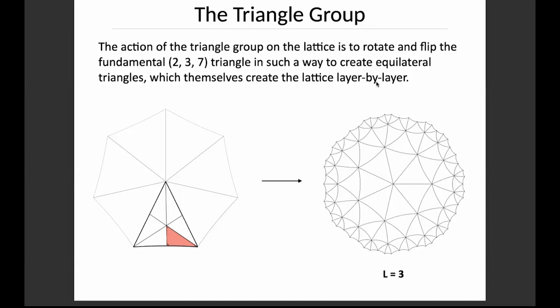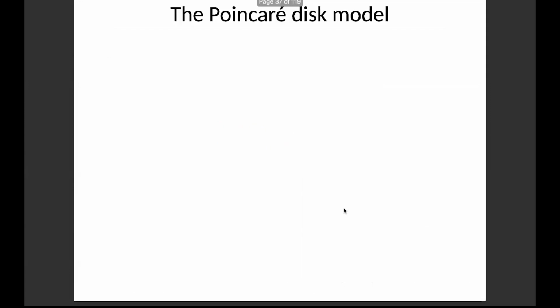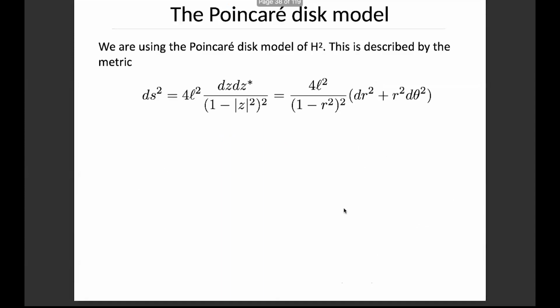Okay, so if there aren't any other questions, I'll move on to the two-dimensional case, which we did in this paper. The two-dimensional case is also known as the Poincare disk model of the hyperbolic plane, and it's described by this metric here.